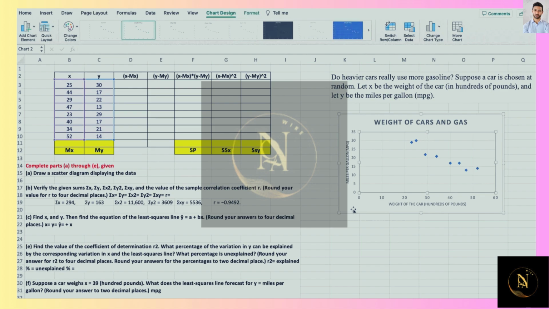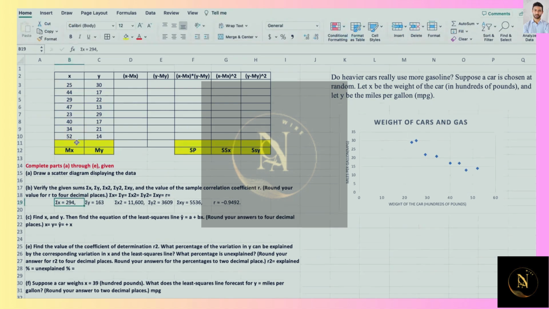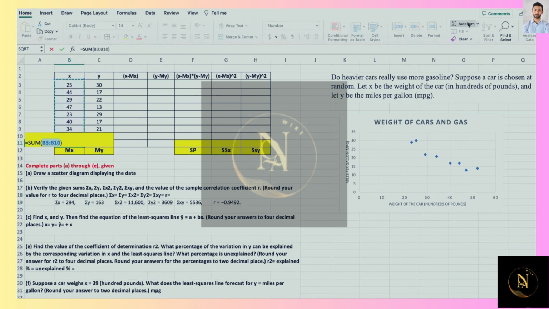All right. And so then verify the given sums. So here are the given sums. The sum of X is 294. The sum of Y is 163, and we do not have to go out that many spaces.